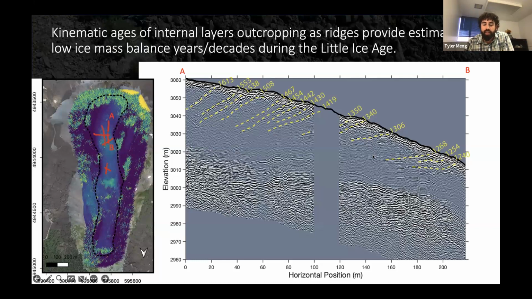And if we assume that that's an internal debris band correlated with low ice mass balance that allowed a debris layer to form, then this gives us a first step towards interpreting climate signals and periods of low ice mass balance during this Little Ice Age period that's represented in this upper region of Galena Creek.